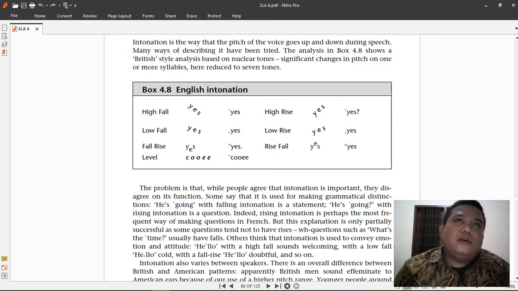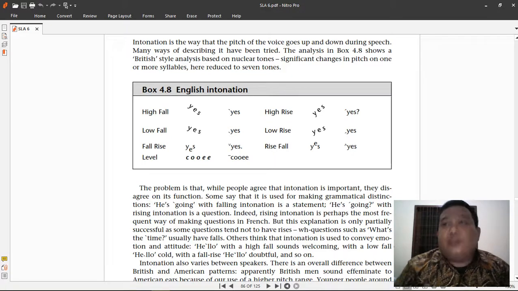While the high rise is like when someone asks you, is Mr. Ricardo home? For example. Is Mr. Ricardo home? Yes, and then I answer yes. It's like saying ya, ada apa, like that.